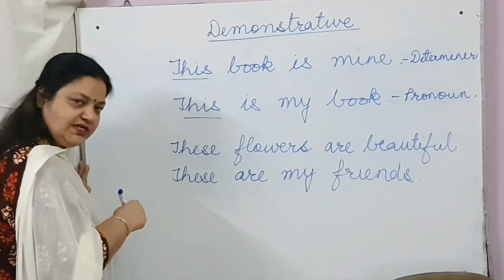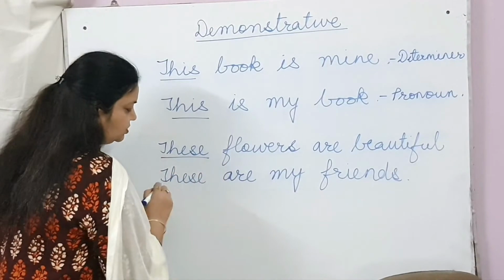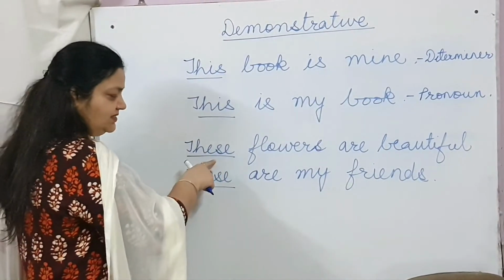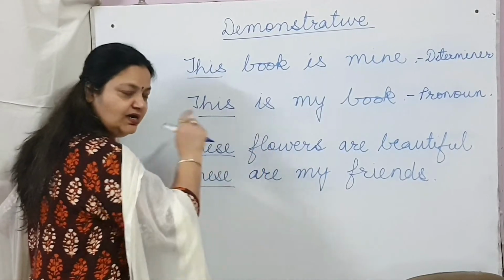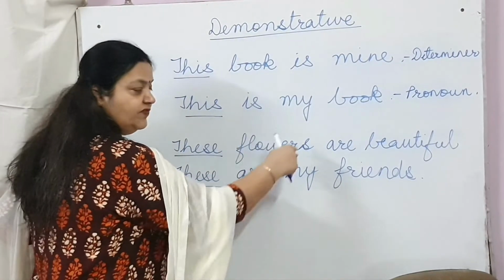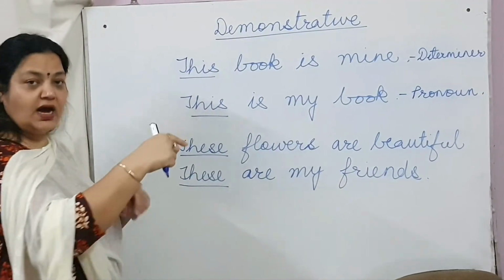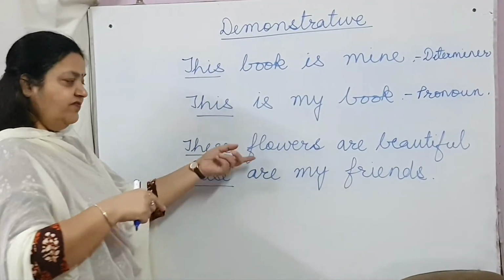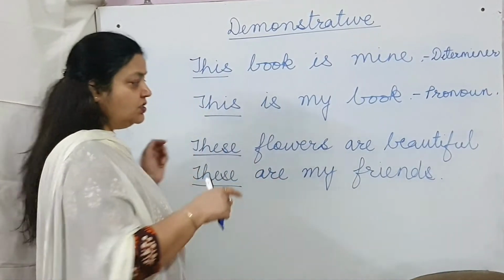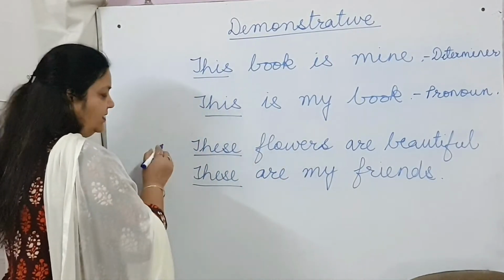Now in these two sentences also we have the uses of these. Here again you can see that these flowers. So I am talking about these particular flowers, this particular noun, and I am qualifying this noun or pointing towards this noun. So here it becomes a determiner.